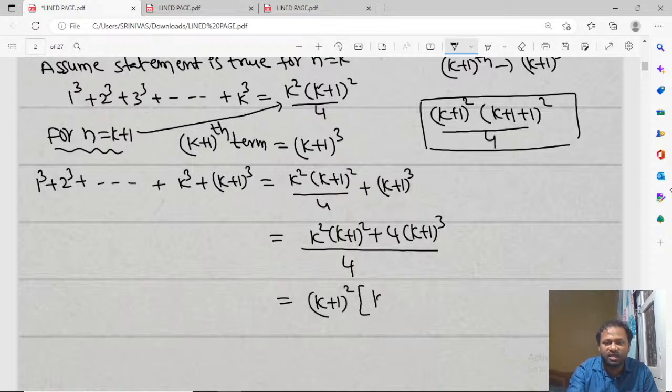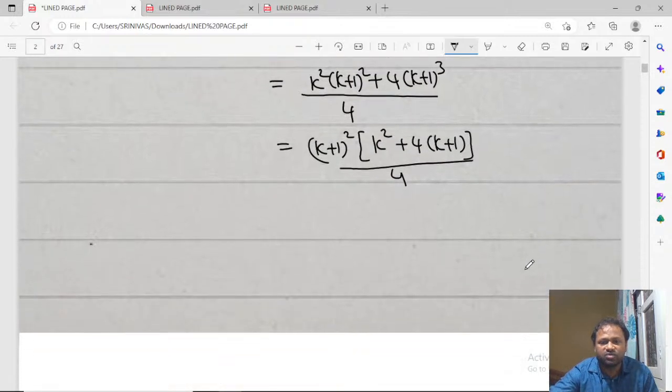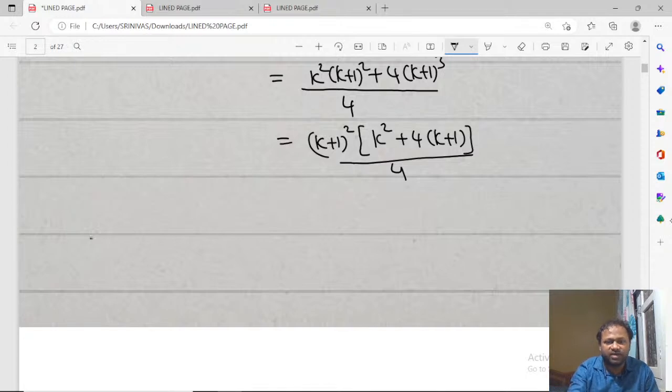Then what we get is k square plus 4 into k plus 1, divided by 4. Okay, so we can simplify this. We can write it as k plus 1 whole square into k square plus 4k plus 4, divided by 4.